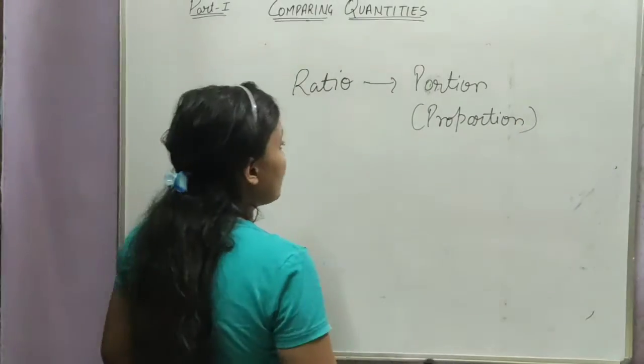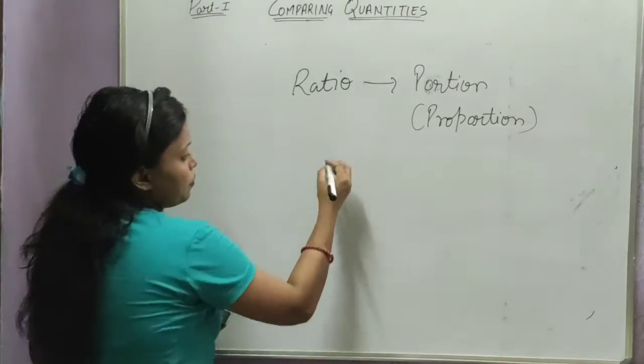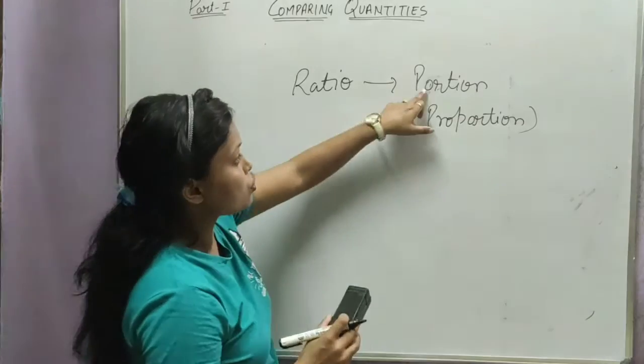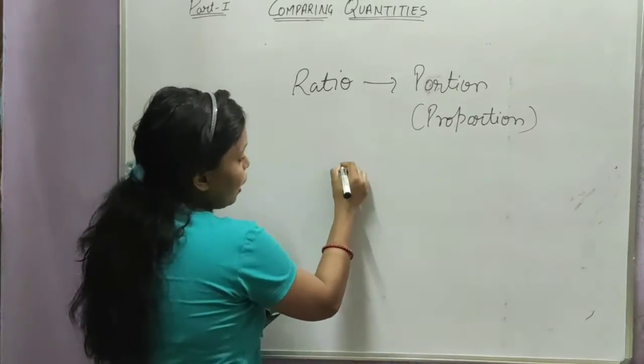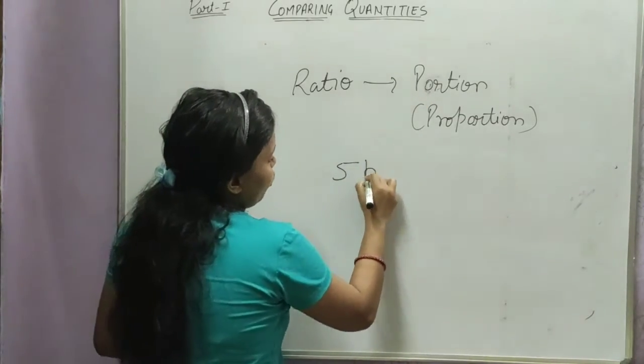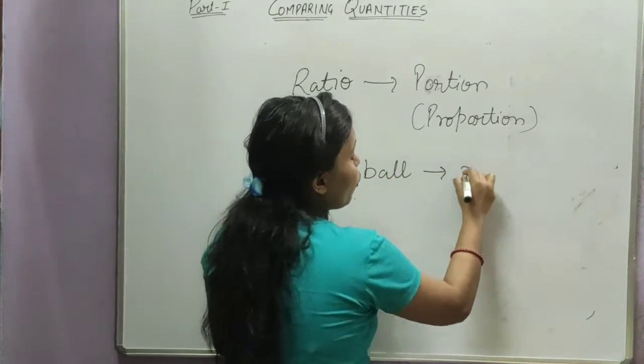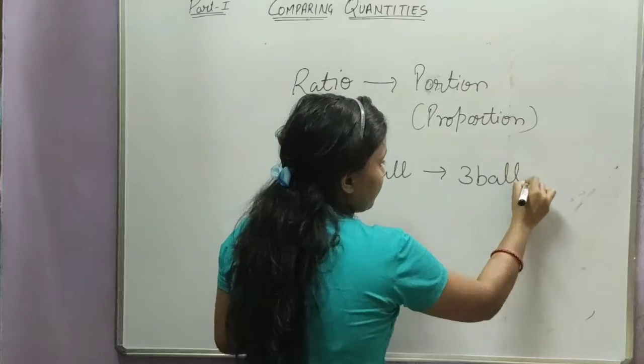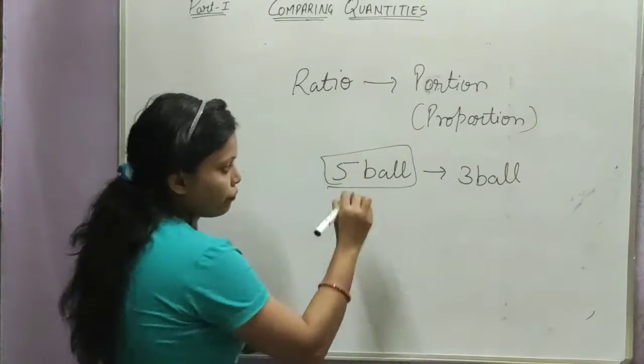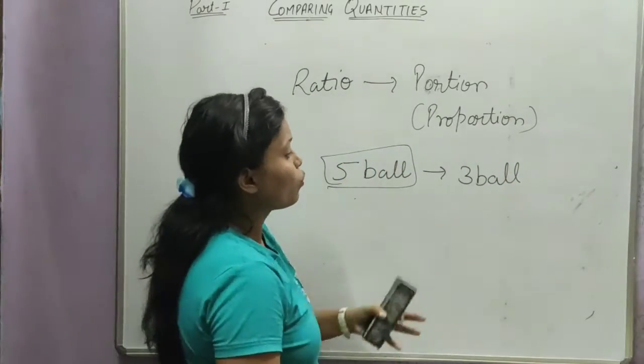Okay. That means ratio is the portion. That means if I have 5 balls and I give you 3 balls from this quantity. So what will the ratio be?